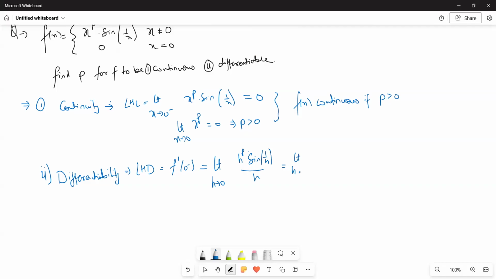So this will become limit h tending to 0 of h to the power p minus 1 into sine of 1 by h. Now again the same thing comes that we did over here. Sine of 1 by h is a case of oscillating discontinuity.